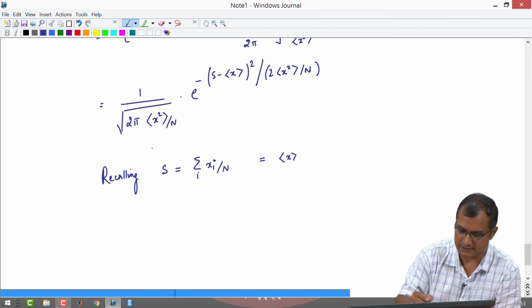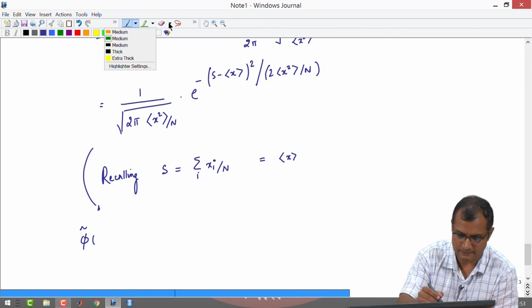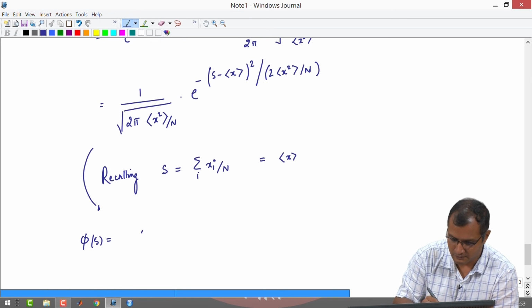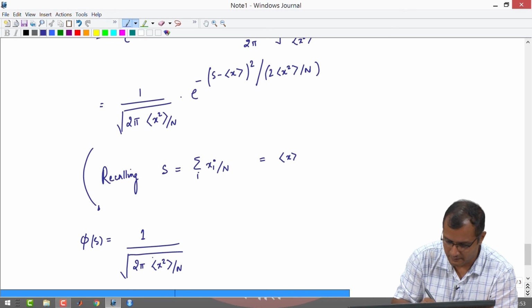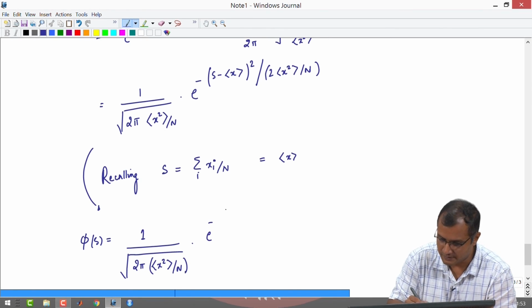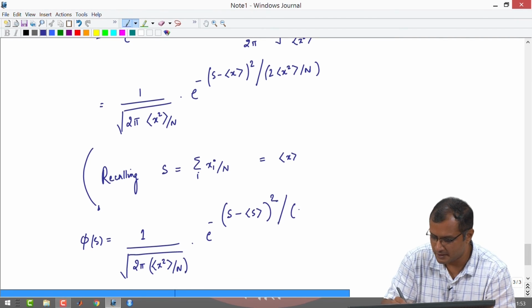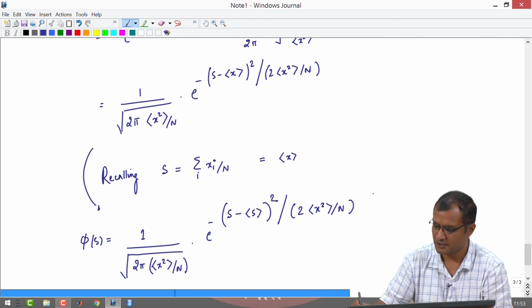So I can rewrite phi of s as 1 upon square root of 2 pi x square mod divided by n, into e raised to minus s minus mod s the whole square divided by 2 times x square mod by n.